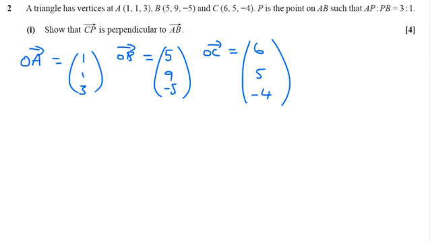And it says there's this point somewhere on the line A to B, such that A to P and P to B are in the ratio 3 to 1. So if you imagine the line here, where we've got A there and B there, then P is going to be here.